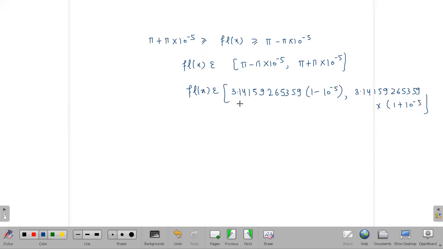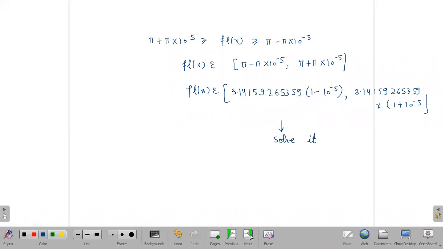So here you will get one range, that 3.1, then this number will change, and here this number will change. So if you take your FL of x between this interval, your relative error will not exceed 10 raised to -5. So you solve it. Then you have to find the interval from here.